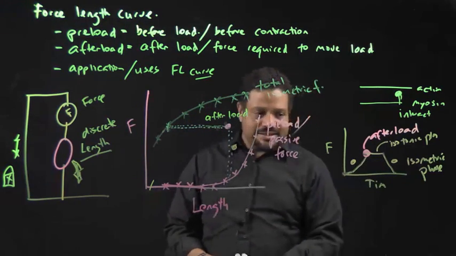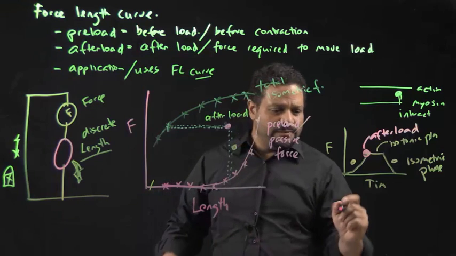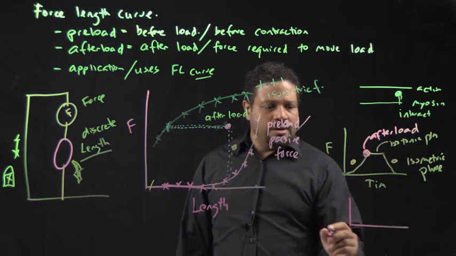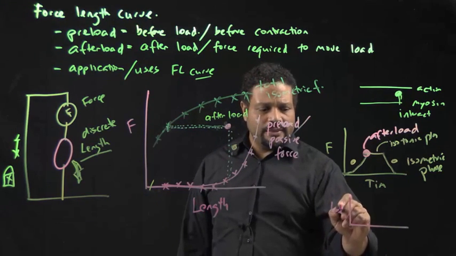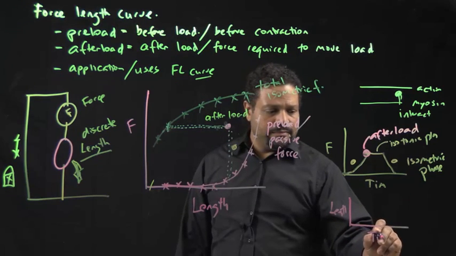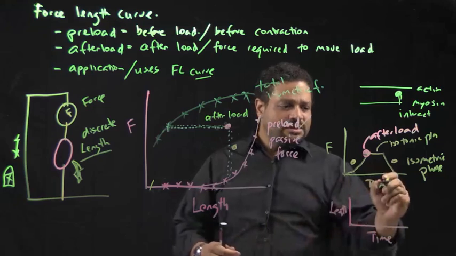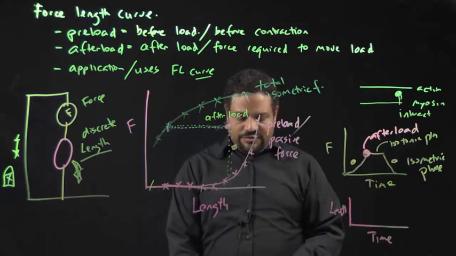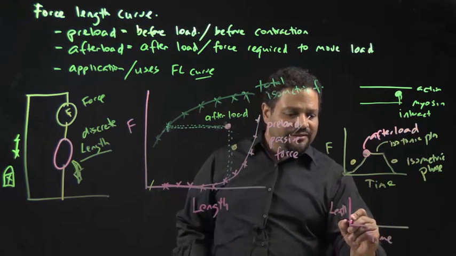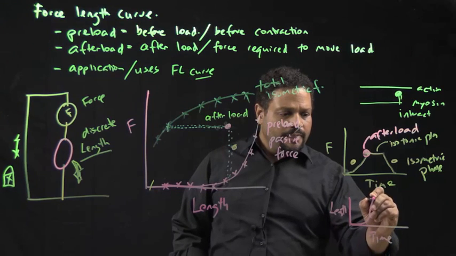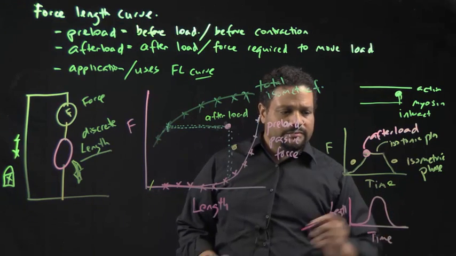Now let me just add the second part of this little graph here. Okay, so this will be length versus time. This is force versus time. This is length versus time. And what you will have here, you will have that.